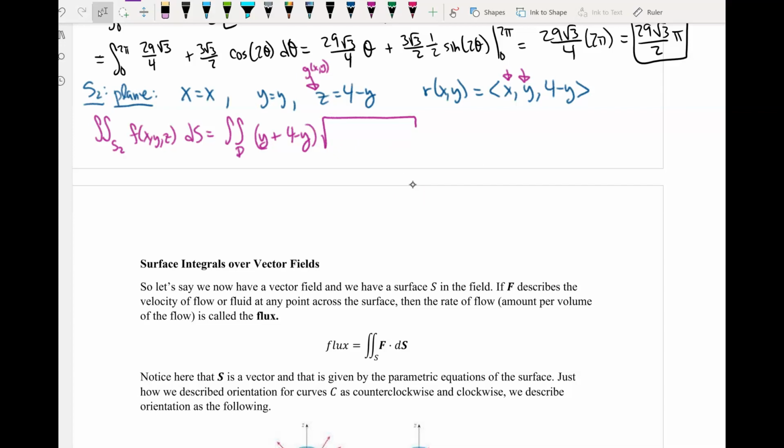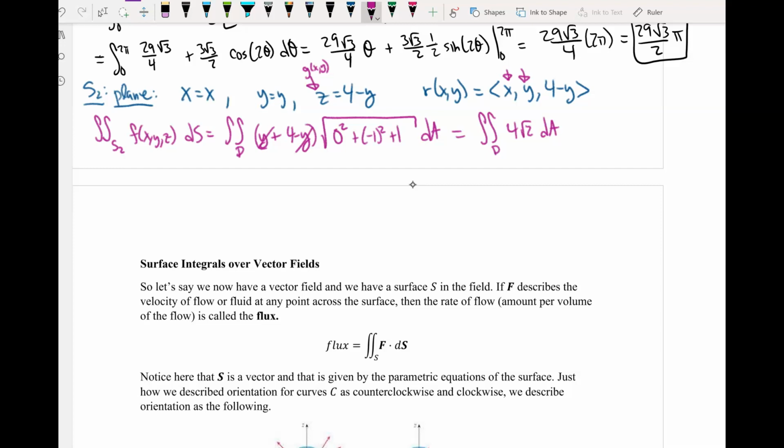So we're going to take the derivative with respect to x, that's 0. And then the derivative with respect to y, that's -1. And then plus 1, over the region, over dA. So this goes away. Here we're going to get square root of 2. So we get 4 square root of 2 dA.